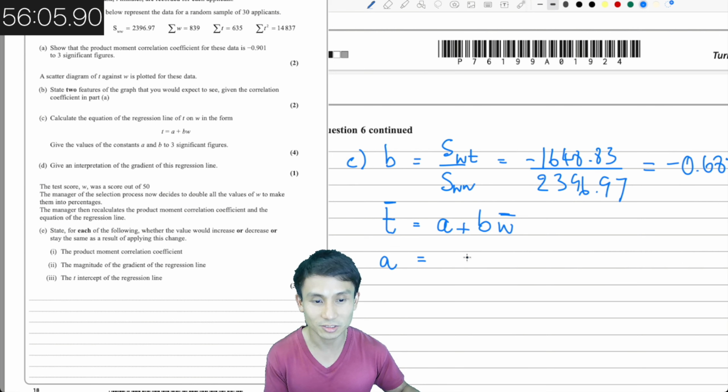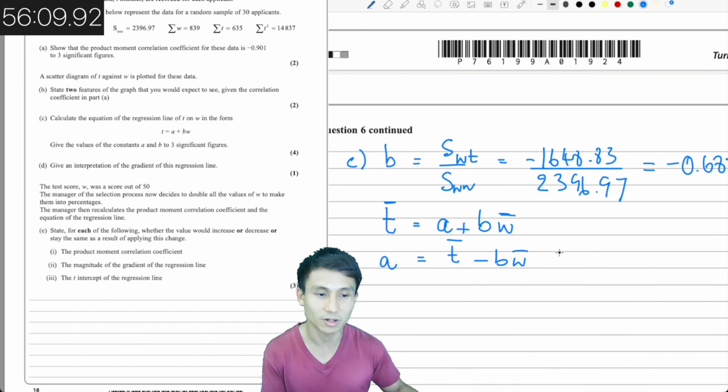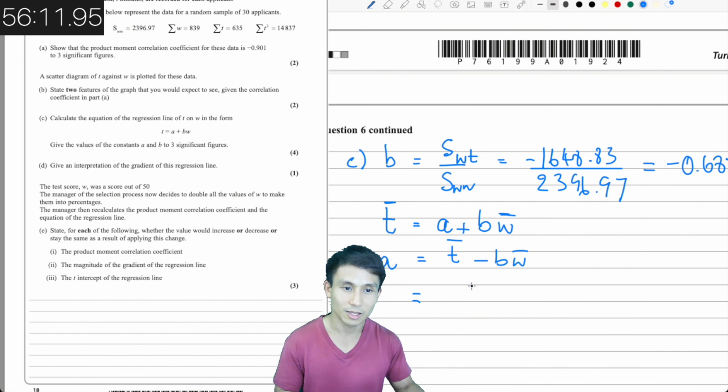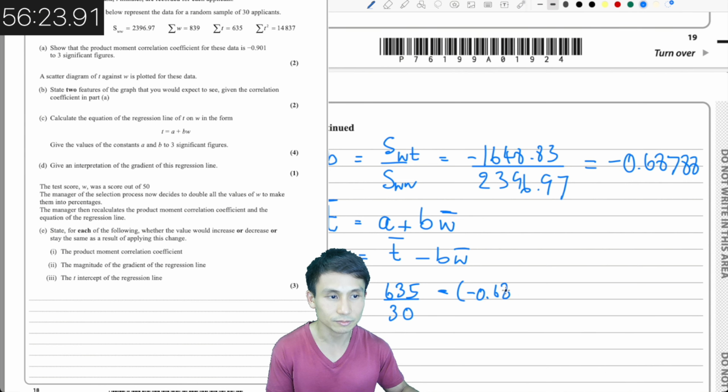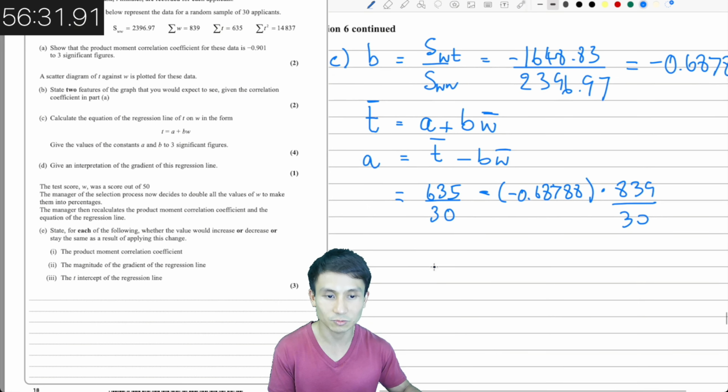So this is just A equals T bar minus B W bar, right? And T bar, did we find it? Okay, we didn't. So 635 divided by N, which is 30, minus B times W bar, which is 839 divided by 30 as well.